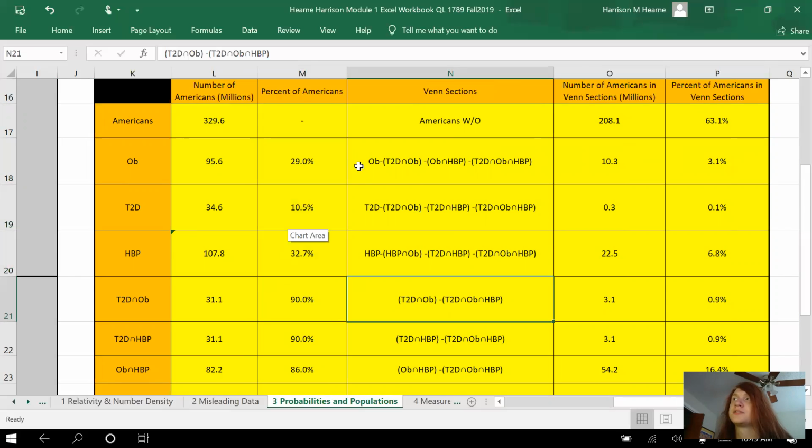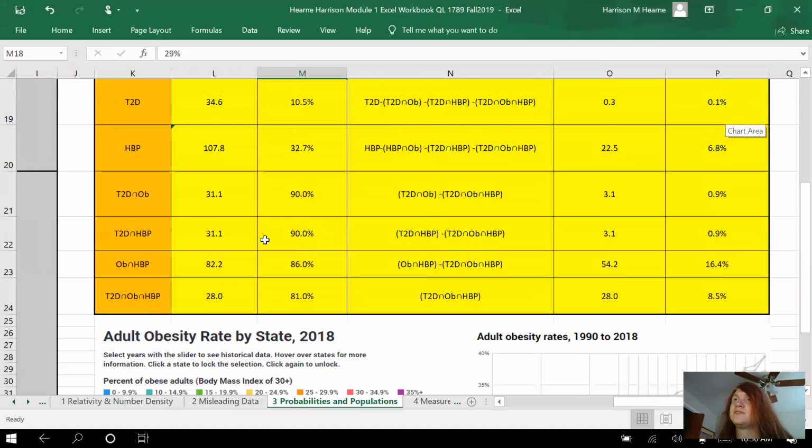Not yet, because see, I almost made a mistake there, because we're not done talking about this data. If we add all these three things up, you will notice that they will add up to greater than the 37.9% missing from this number here. That's because some of these Venn diagram sections overlap.